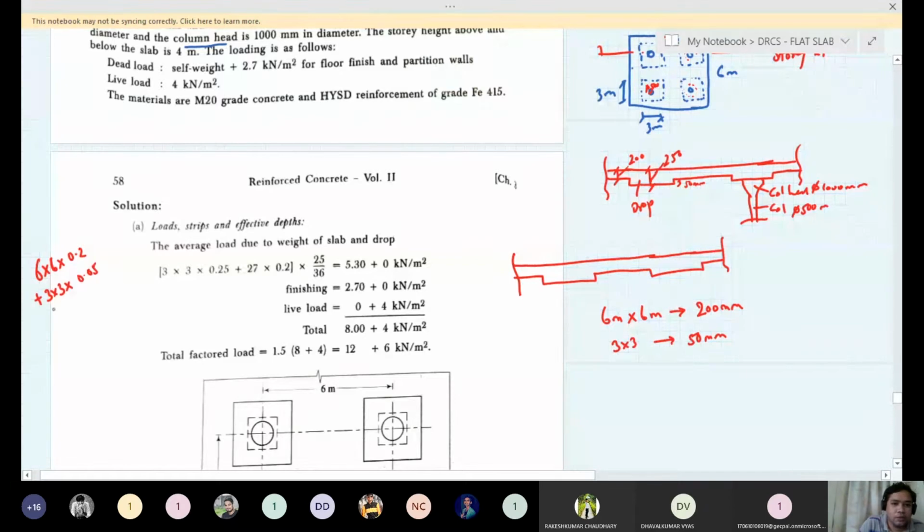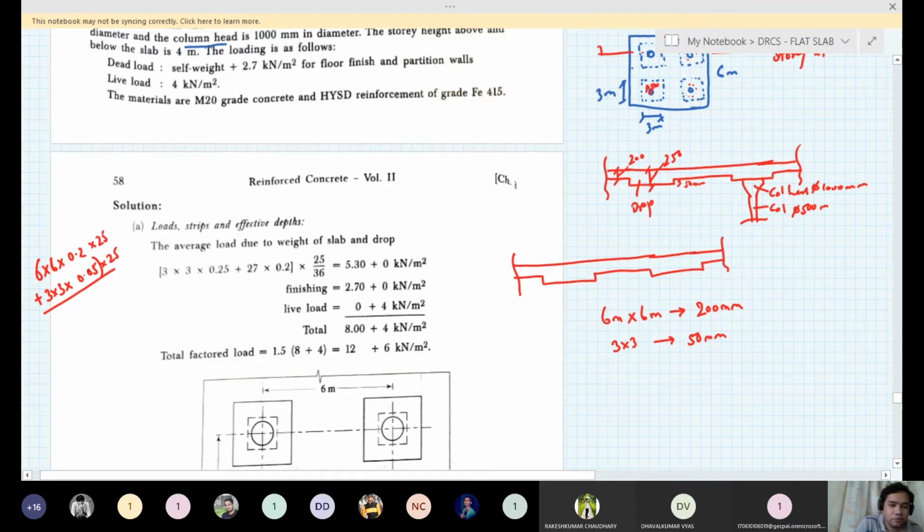Multiply by 25 for the total load, but you have to find it per square meter, so you divide these values with the total area, that is 6 by 6.